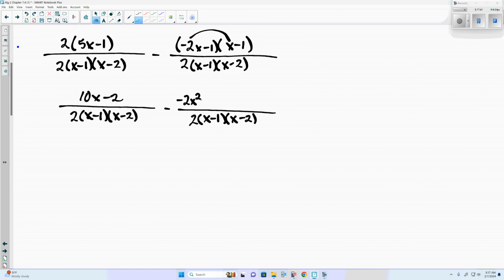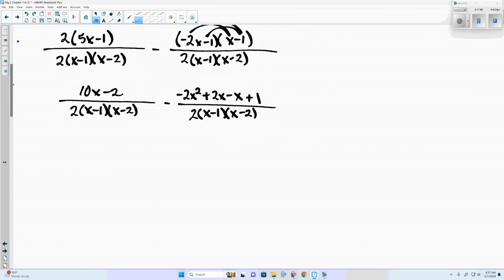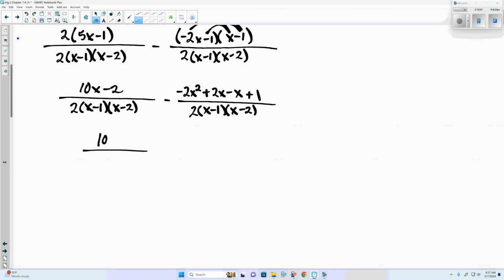Negative 2x squared. Negative 2x times negative 1 would be plus 2x. Negative 1 times x is negative x. And lastly, negative 1 times negative 1 is plus 1. Combine like terms. Let's focus in. 2x minus x would be plus x plus 1.